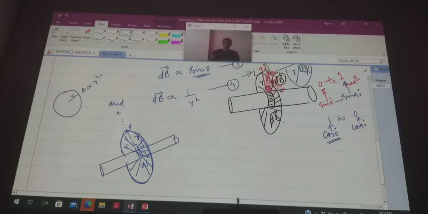So we take a round, circular-like shape at dl length. Suppose we take the total length and it will be a cylindrical shape like this.